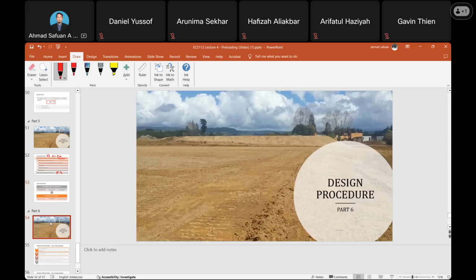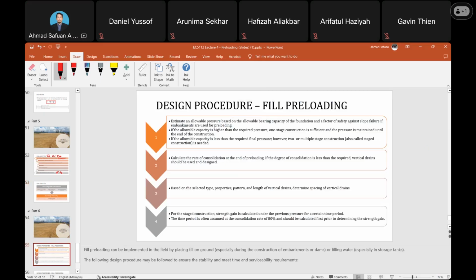Okay. So then for the design procedure for the field preloading, what is the step? The first step is to estimate an allowable pressure based on the allowable bearing capacity of the foundation and the factor of safety against slope failure if embankments are used for preloading.